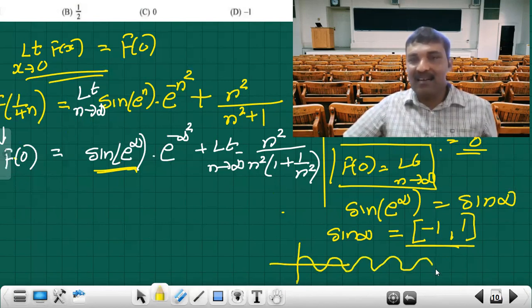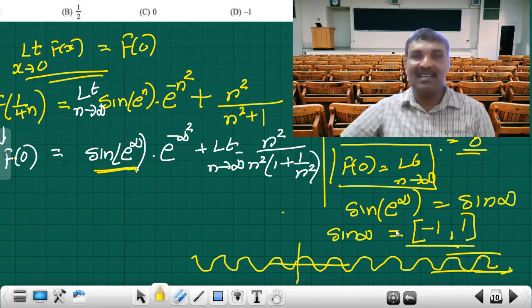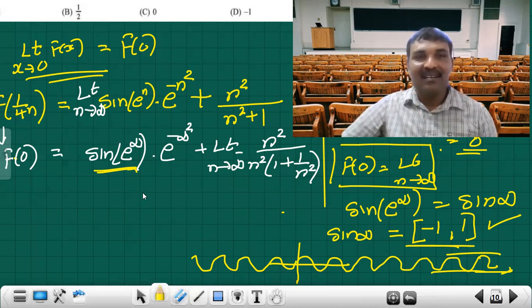It is going towards infinity, and similarly towards minus infinity. Sine is a bounded function. The maximum value of sine is 1 and the minimum value is minus 1. So the value of sine will lie in between minus 1 and 1. So we can write sine infinity as any value in between minus 1 and 1.